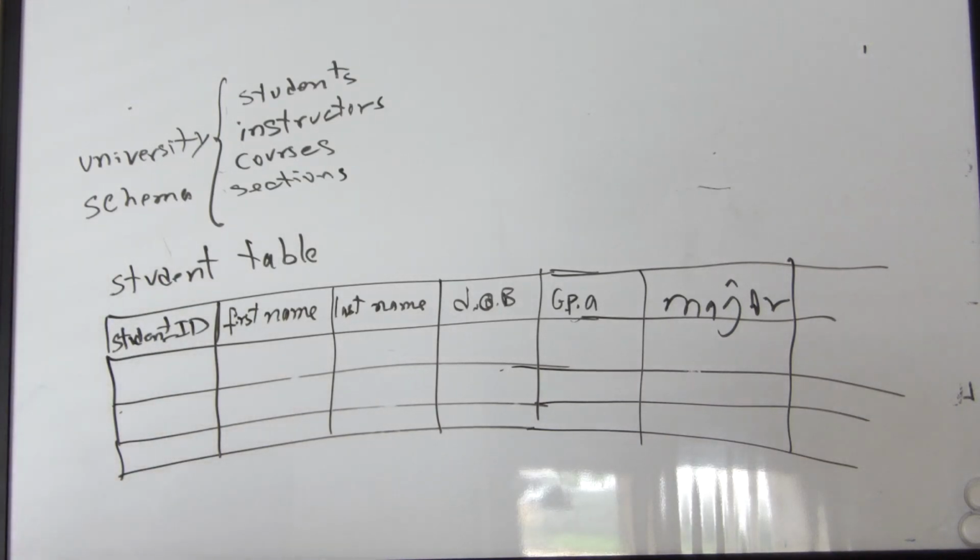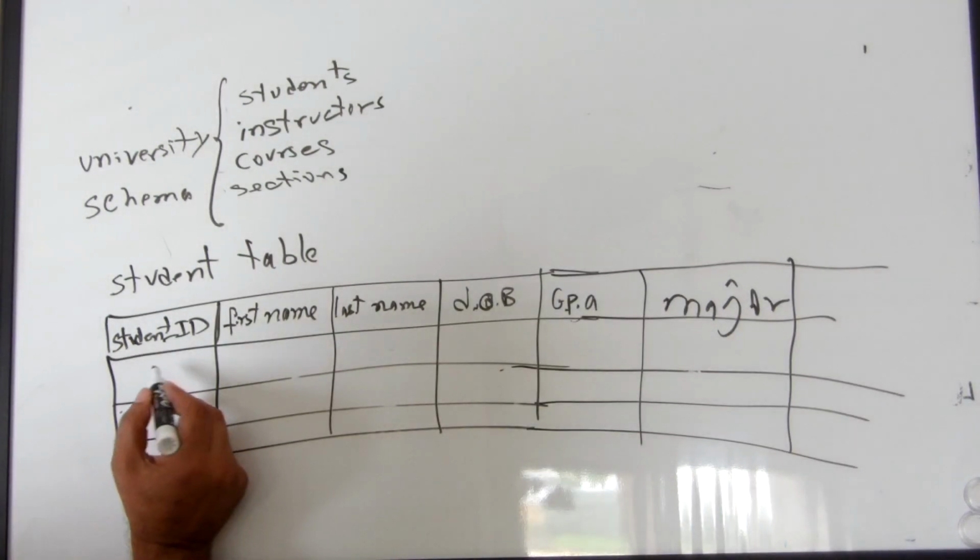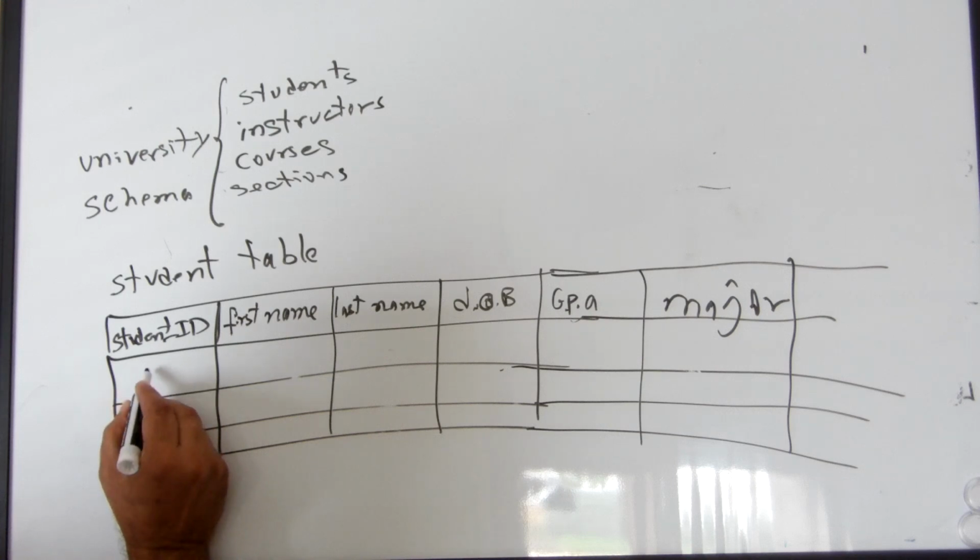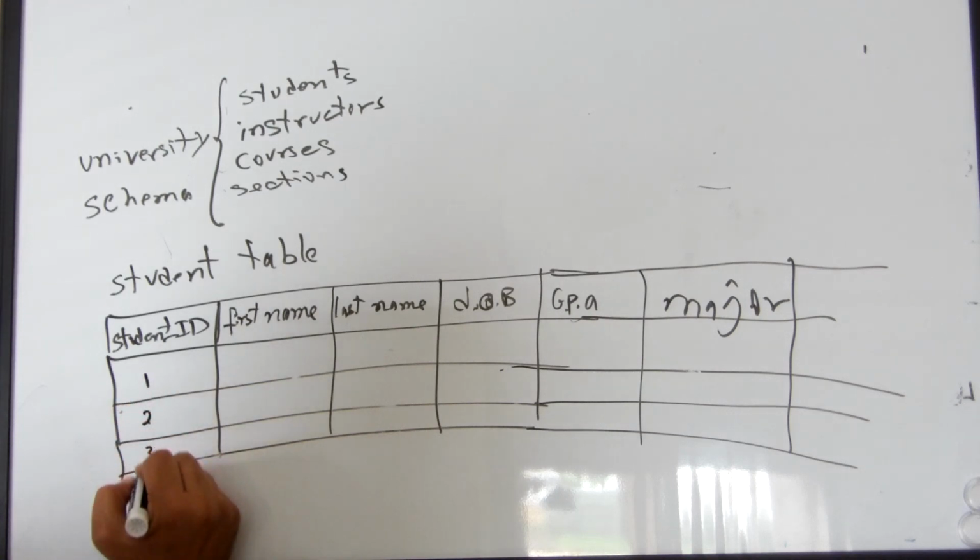You put all the information and give it to the database management system, DBMS. We will get into the definition pretty soon. But what I'm trying to say is, every student, like student number 1, number 2, number 3, and so on.